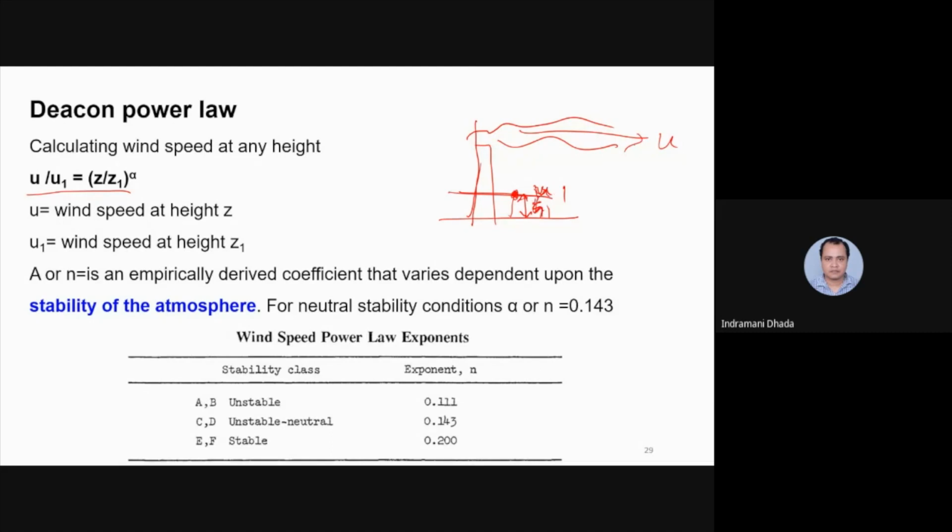Then you know this H2, you want to convert this velocity to the H2 level, the chimney level. So you know H2, then you want to find out U2. So you can use this equation to find this. Okay, because you need to know the velocity at the chimney so that you can calculate the stability class.